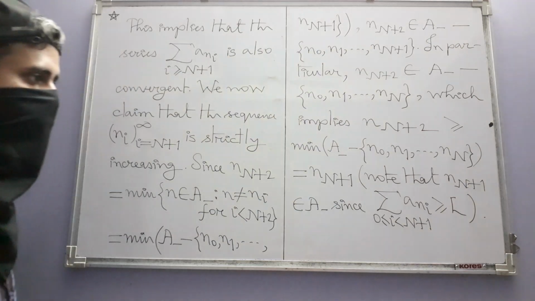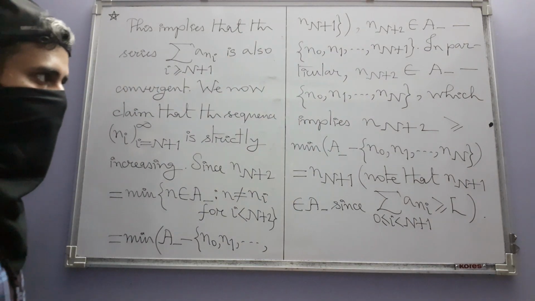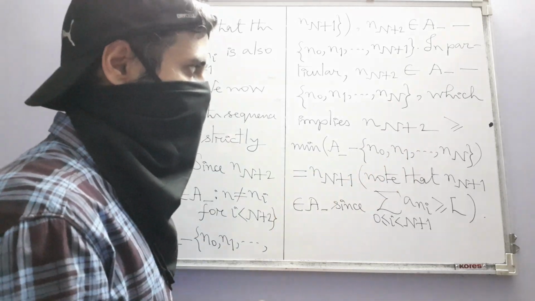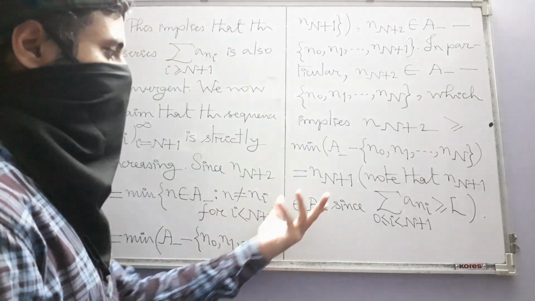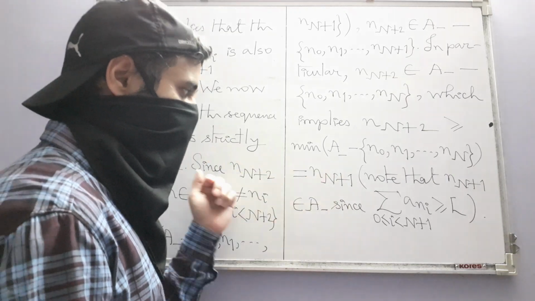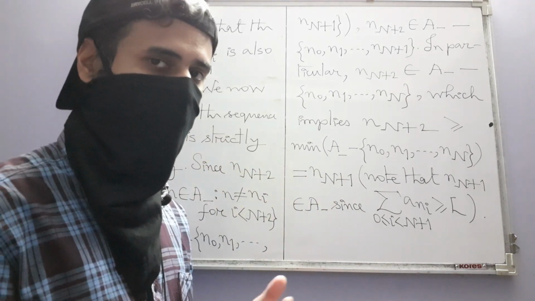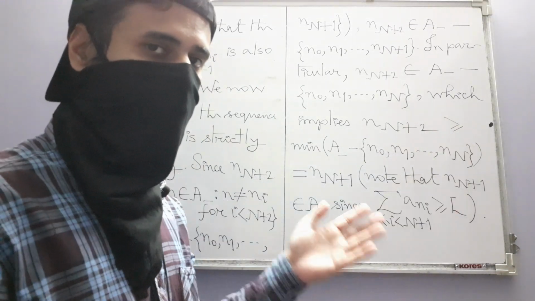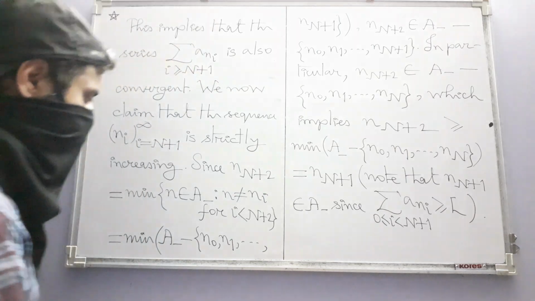This is why. So we now have proved that n plus 2 is greater than or equal to n plus 1. But now combine this with the fact that the association between j and nj is an injective function. So we cannot have equality, we should have strict inequality.